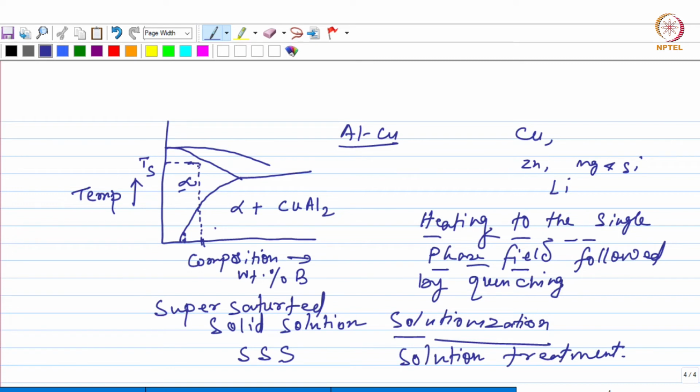So if you suddenly cool it down from Ts to the room temperature, this concentration at Ts will be retained at the room temperature, and since the room temperature solubility is much lower, the material will become supersaturated, okay, in terms of the concentration of the alloying element, okay. So the quenching operation will give you a supersaturated solid solution if you cool it down to the room temperature. Okay, so let's say this is the temperature to which it is cooled.